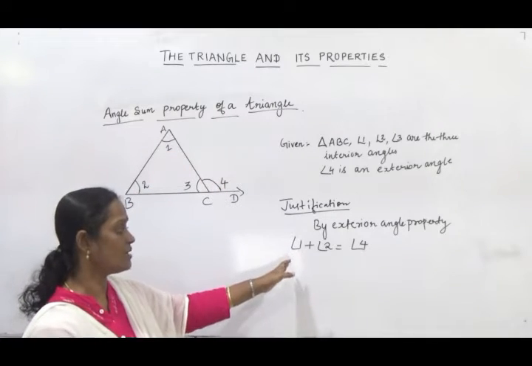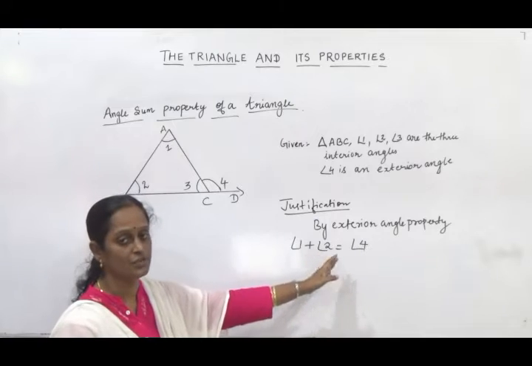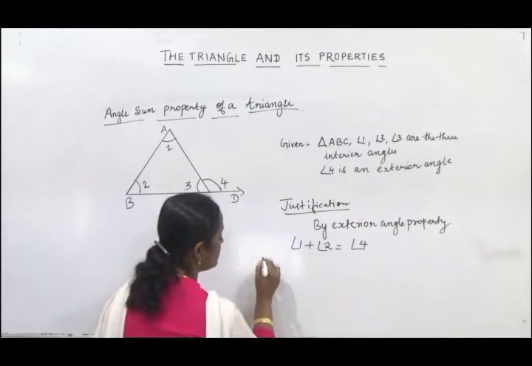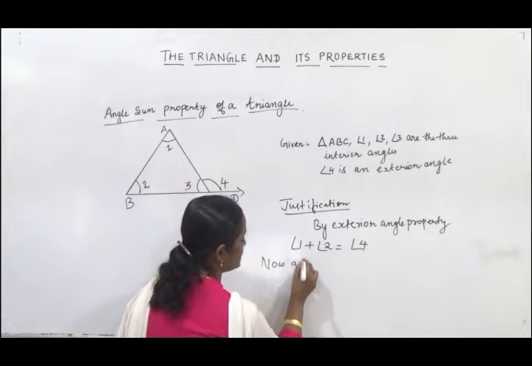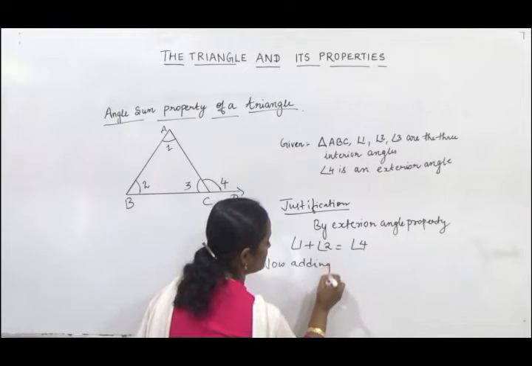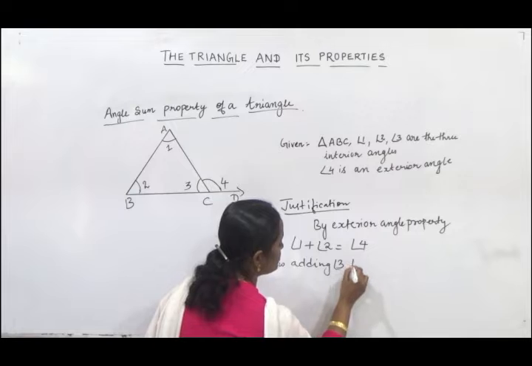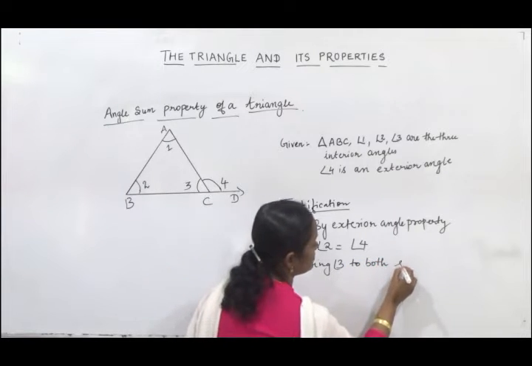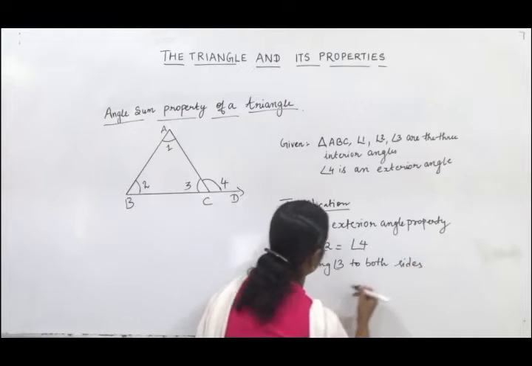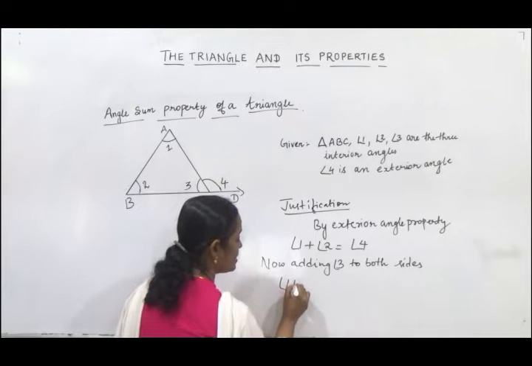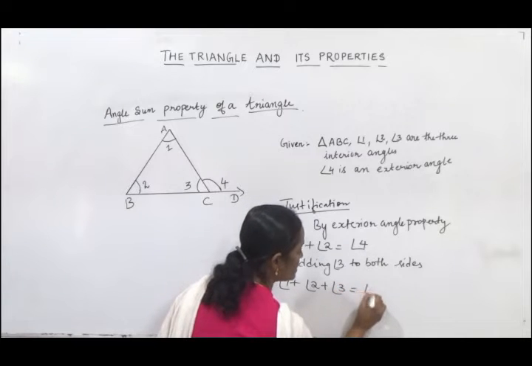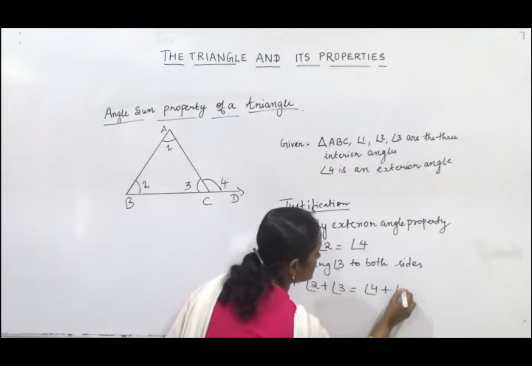So by the exterior angle property we can write angle 1 plus 2 is angle 4. Now adding angle 3 to both sides, we get angle 1 plus angle 2 plus angle 3 is equal to angle 4 plus angle 3.